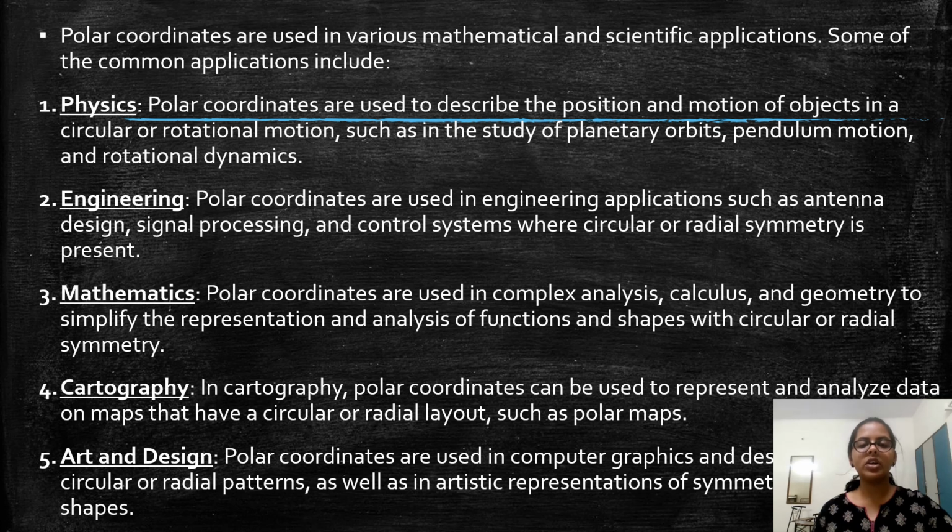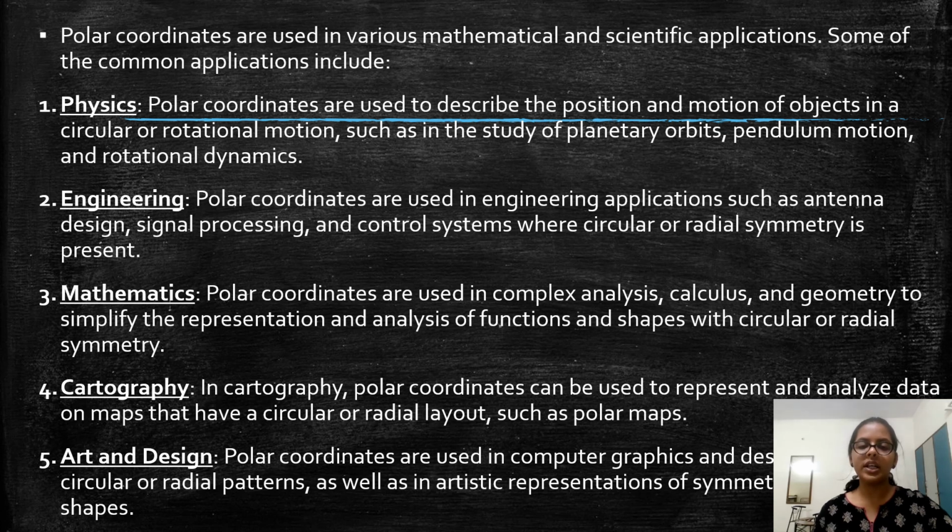Polar coordinates are used to describe the position and motion of objects in circular or rotational motion, such as in the study of planetary orbits, pendulum motion, and rotational dynamics. Second, engineering. Polar coordinates are used in engineering applications such as antenna design, signal processing, and control systems, where circular or radial symmetry is present.